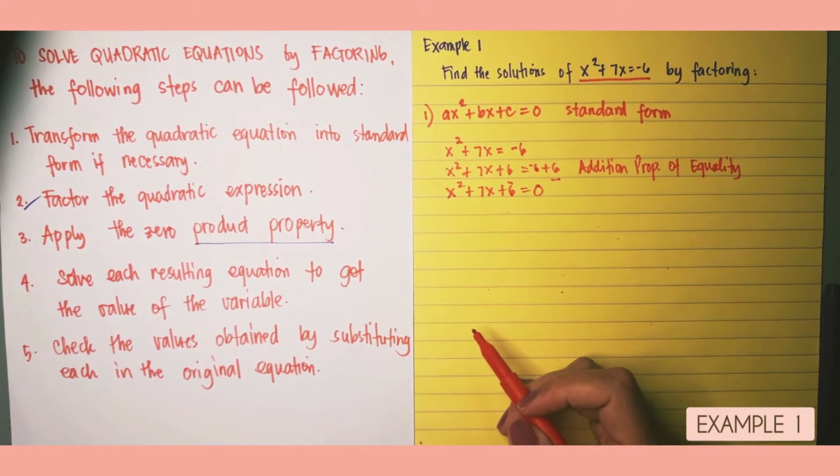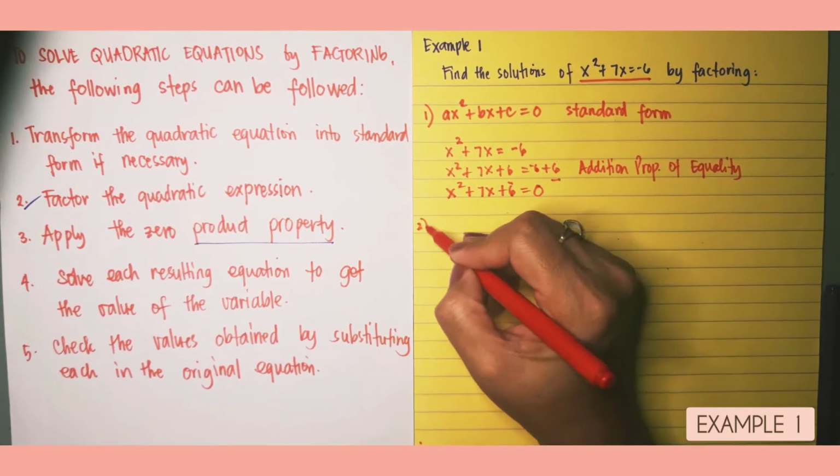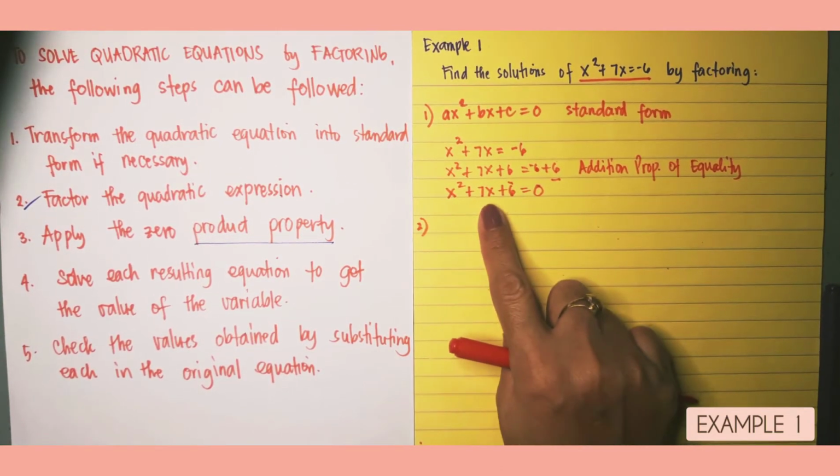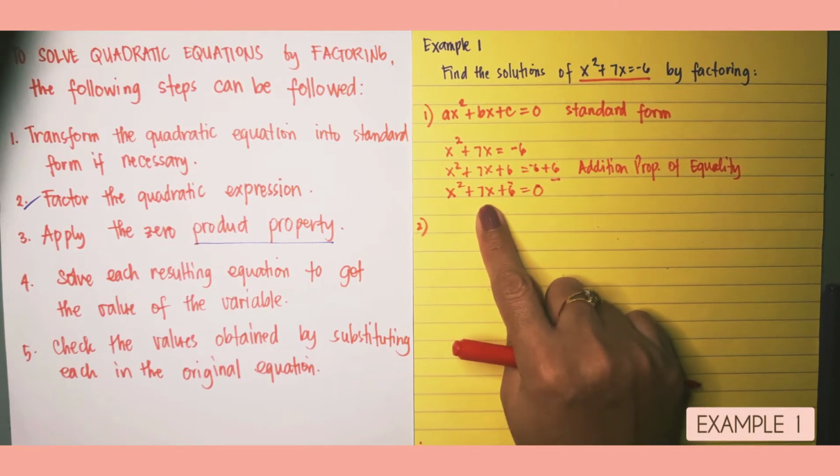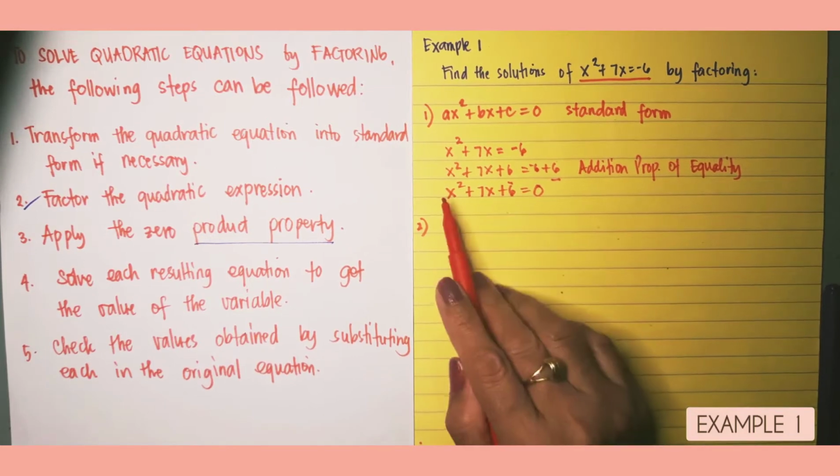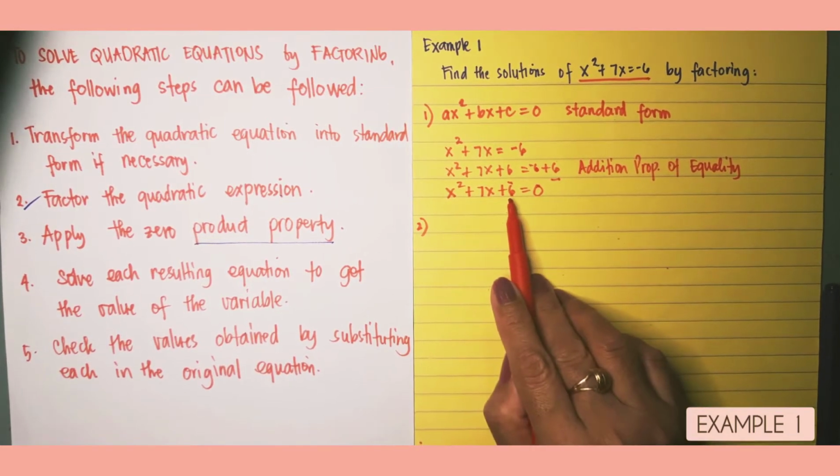Now, step number 2. Factor the quadratic expression. Now, this particular quadratic expression is a trinomial because it has 3 terms.